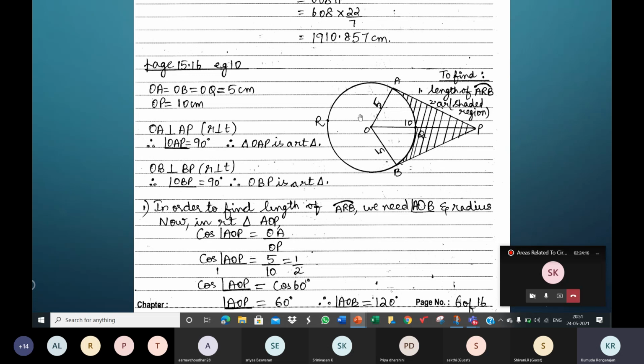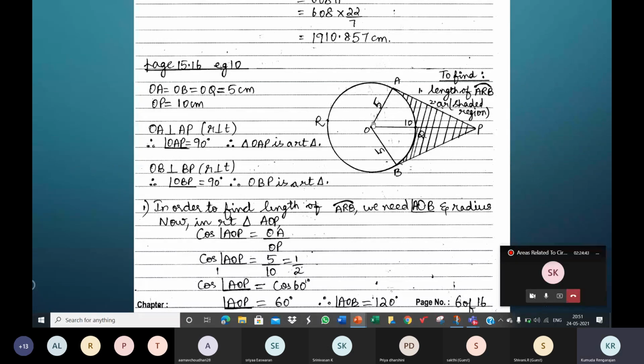So our first job is to find the sector angle. If you can find this angle, 360 minus this angle will give us the major sector angle.